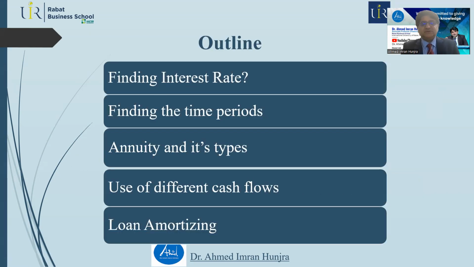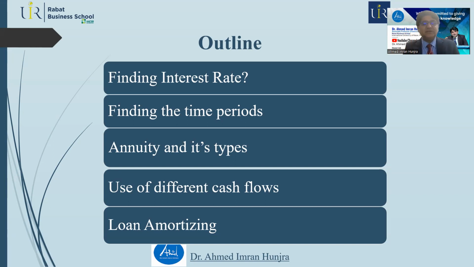After dealing with different cash flows, we can go for the amortization of a loan, how we can manage the loan amortization table. So, as we know, present value is called discounting and future value is called compounding.